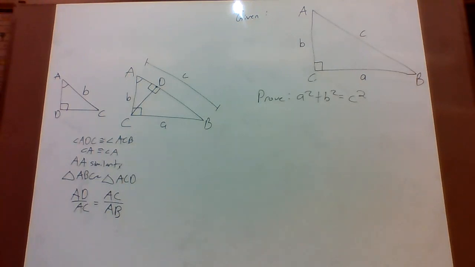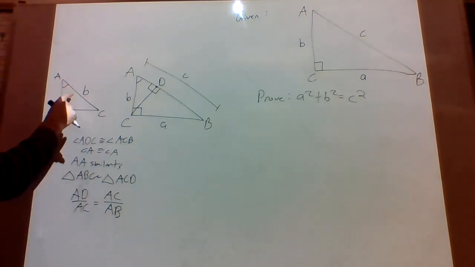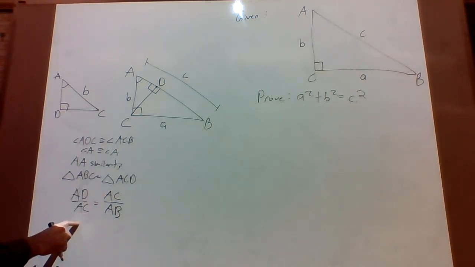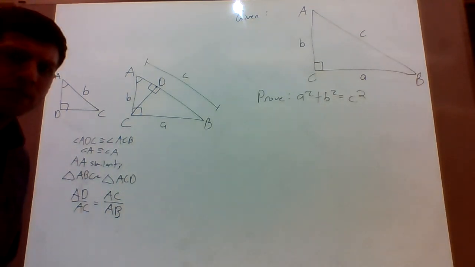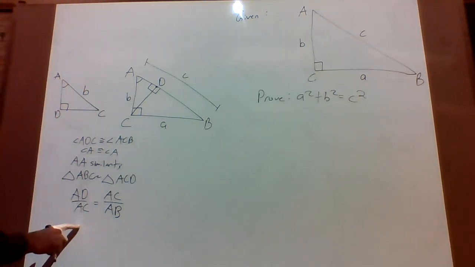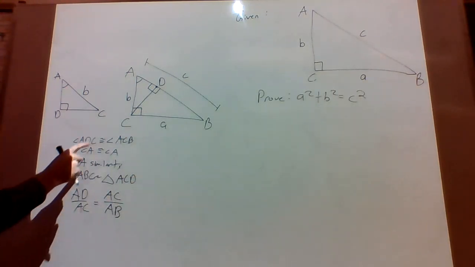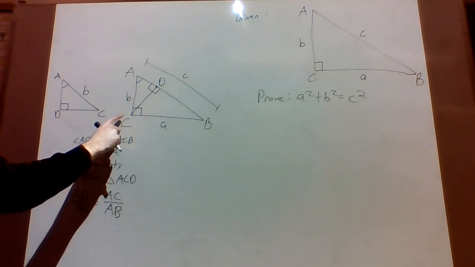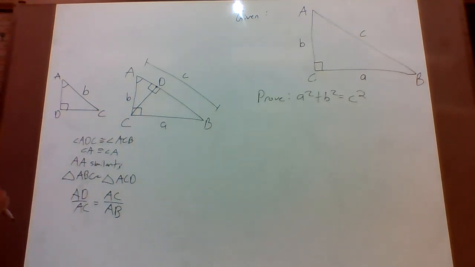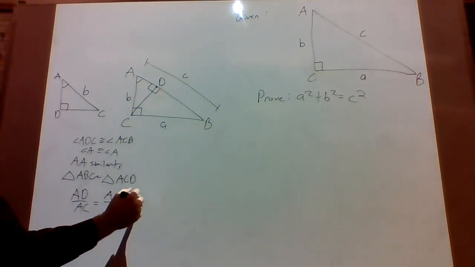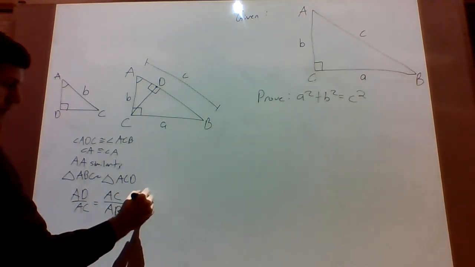We know the length of AC is B. And we know AB is C. So we don't know AD.